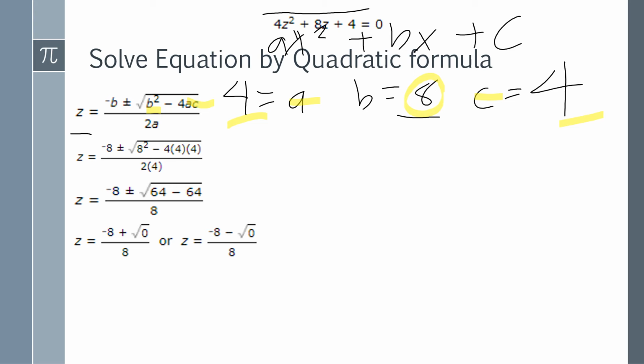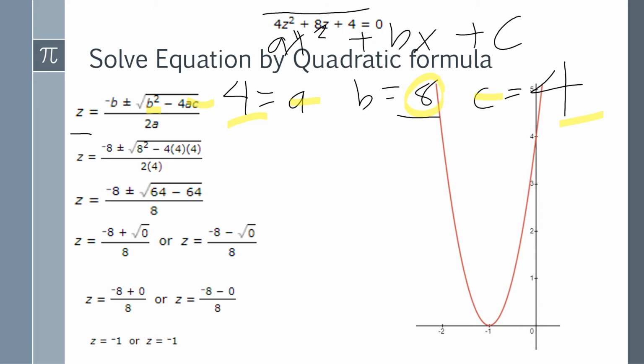Again, remember I'm going to get two answers, plus and minus. Remember, never forget, you get two answers usually. So there we go. The square root of 0 is 0. And when we simplify all that, we get negative 1 twice. So negative 1. All right. And you see the graph. In this case, you see that I have one solution.